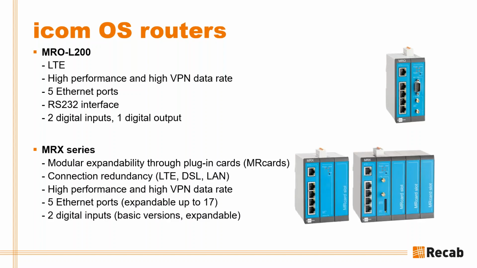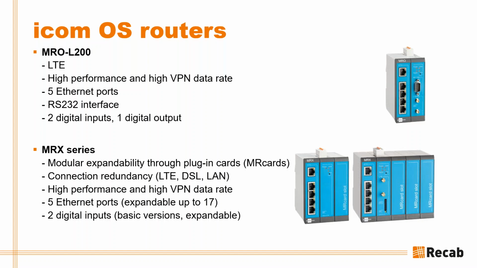And then we have the big boy, the MRX series, which is a modular router where you buy the basic unit, and then you can plug in the different cards that you need depending on your application. So you can get different types of connection, LTE, DSL, or use the LAN for connection to the internet.